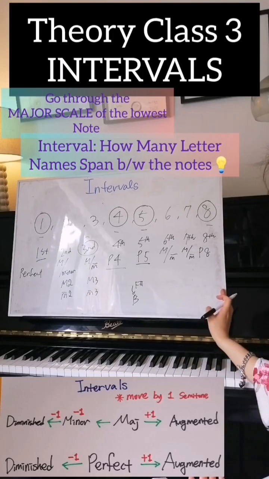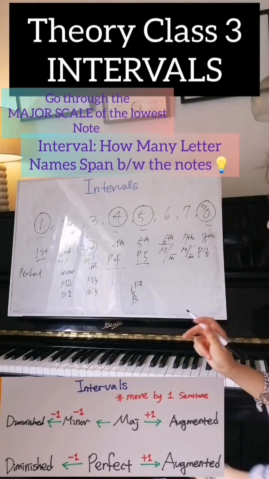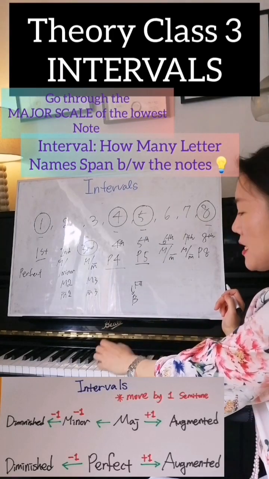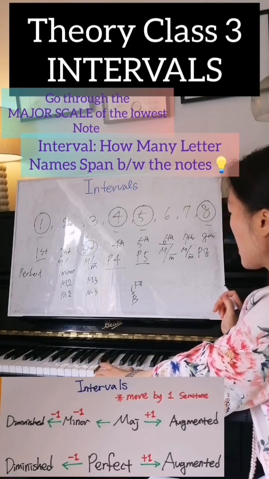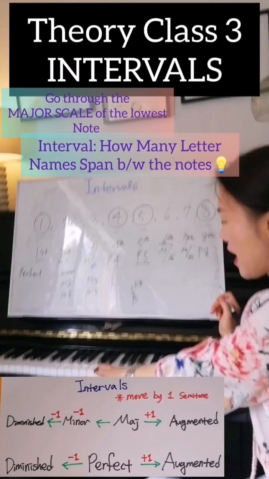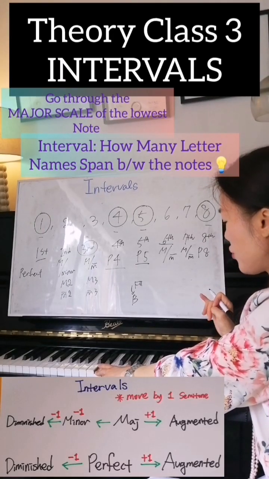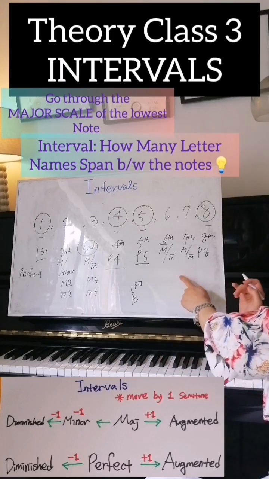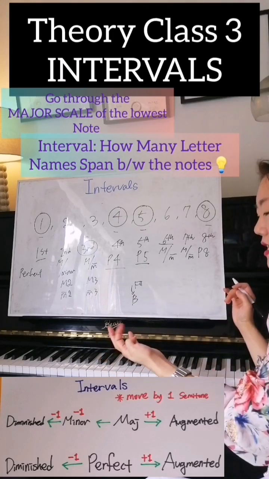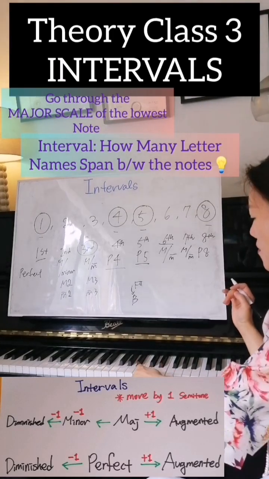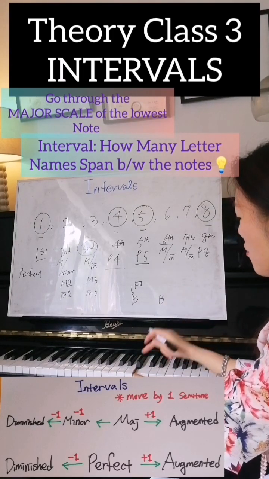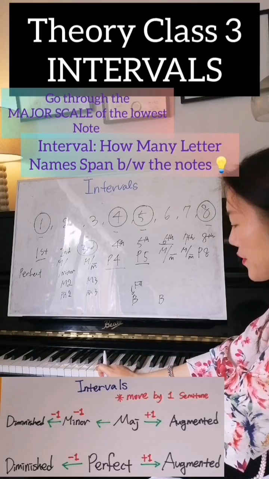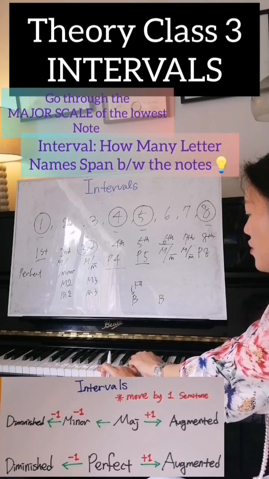Now let's try to figure out the sixth. What is the sixth note of the D major scale this time? D, E, F, G, A, B. So the letter name a sixth above D is B. Now you have to go through the major scale of D to figure out whether you need any sharps there.